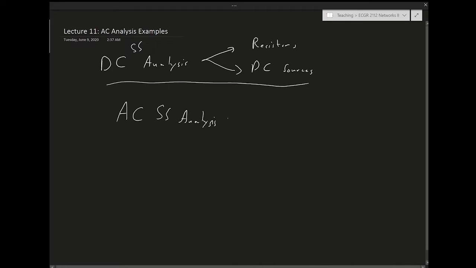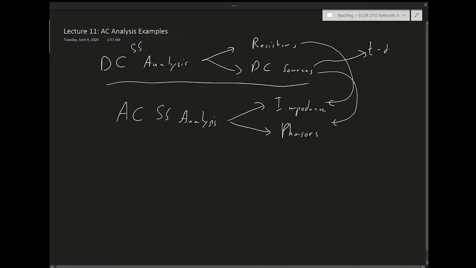But what fills in for resistors now is impedance. It's a complex value. And what fills in for the sources are, instead of sources, now we have phasors. The sources that are signals in the time domain, we have now phasors that are signals in the frequency domain.